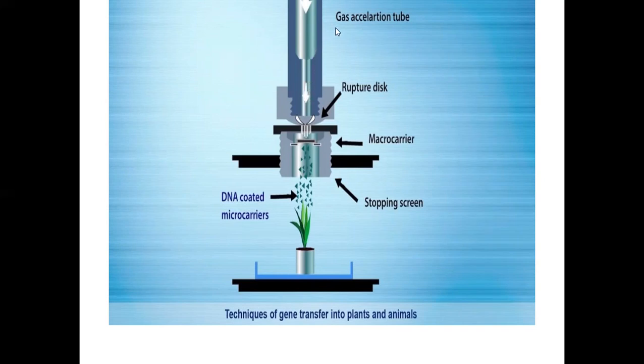When we apply pressure on the target DNAs, they move speedily from the capillary tube and reach the target plant cells. The target plant cells receive them. This type of technique is called micro injection.